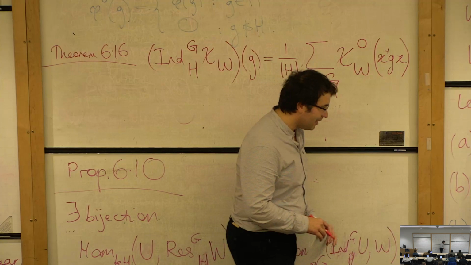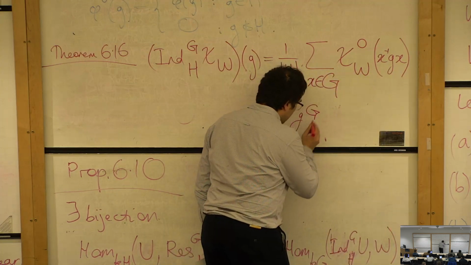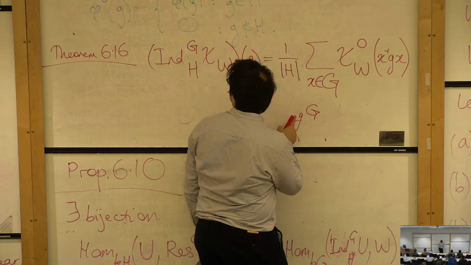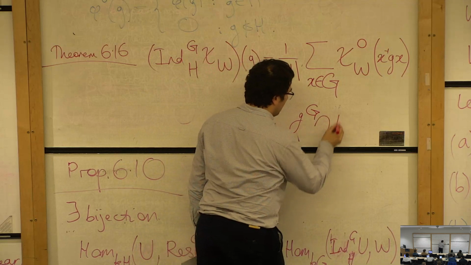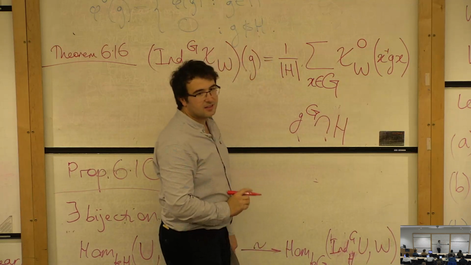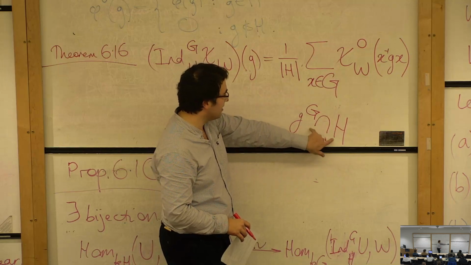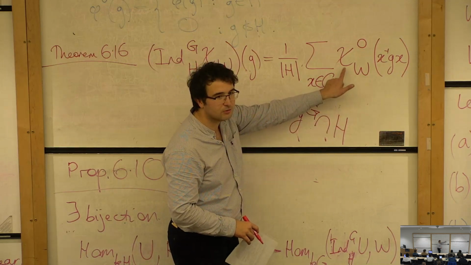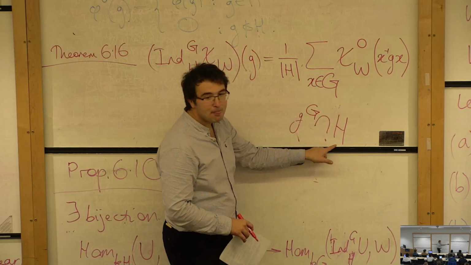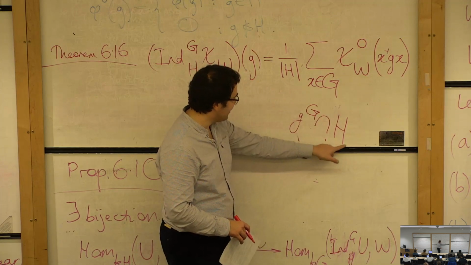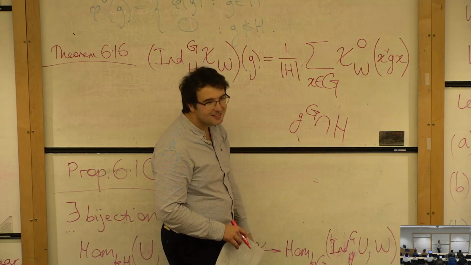And typically, you can already see here that the conjugacy class of little g, little g is the fixed parameter here, and H is going to appear a lot when you apply this formula, because it's only for these things you're going to get non-zero contributions. And in general, this thing is something random. The only thing I can say about this, in my state of knowledge, is that it's a union of H conjugacy classes.